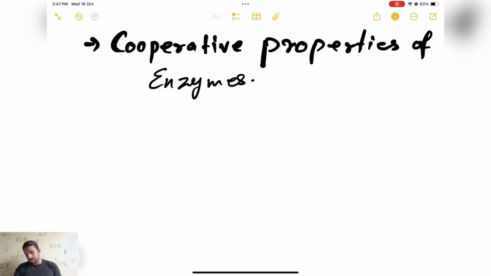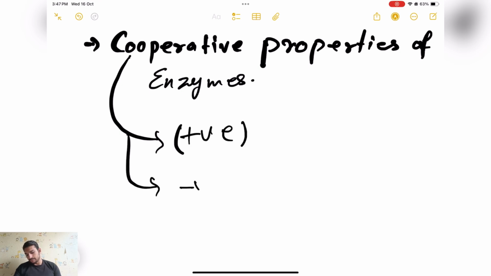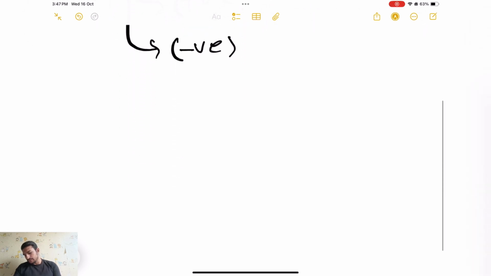Cooperative properties can be of two types: positive cooperative property and negative cooperative property. First of all, we will see what an enzyme is. Enzymes act as catalysts, converting any substrate into product, and they are present in the body.